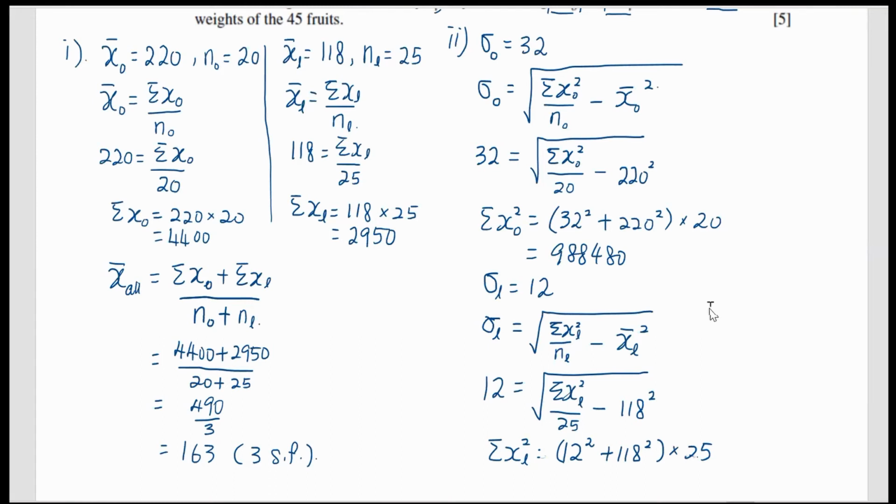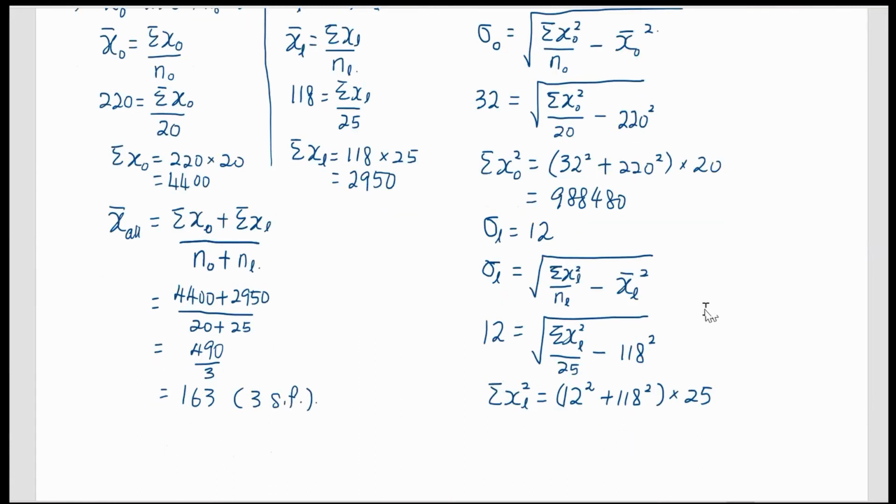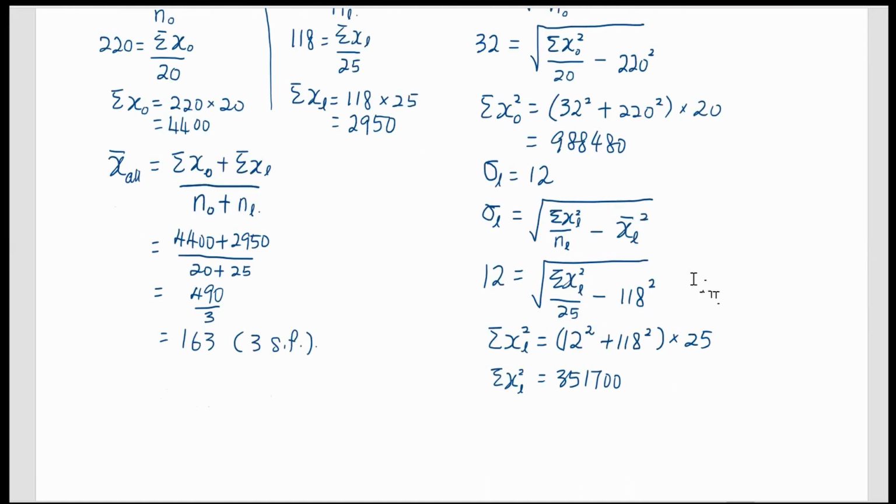So the value of sigma x squared for the lemon, using the calculator, we find out is 351,700.